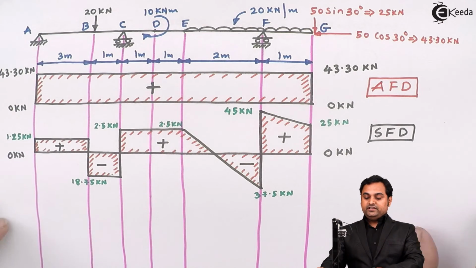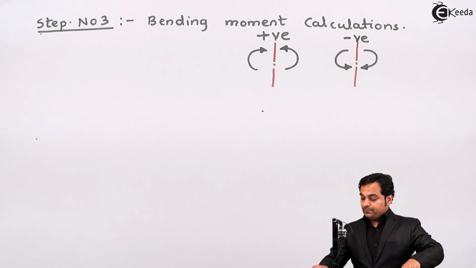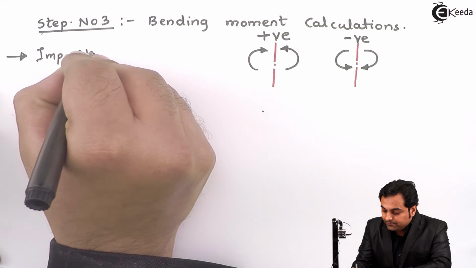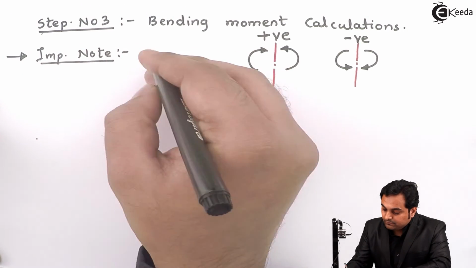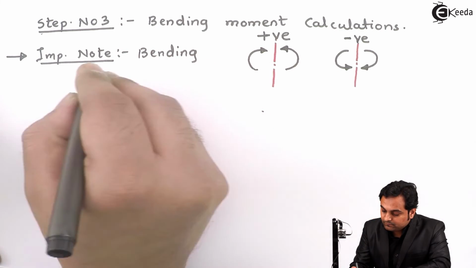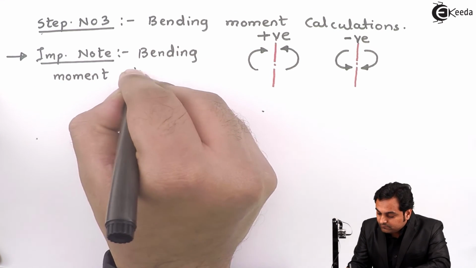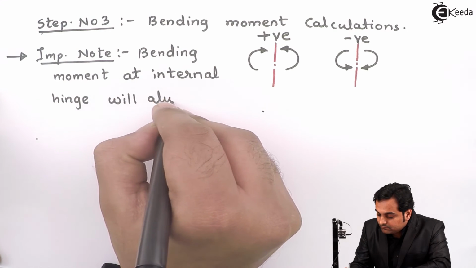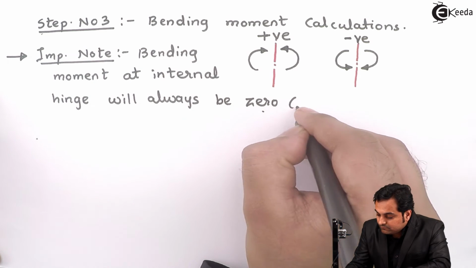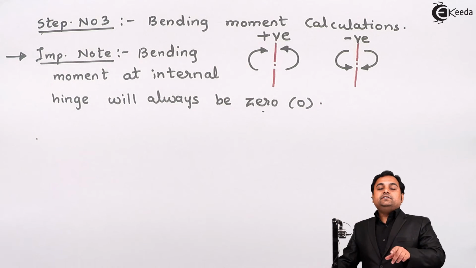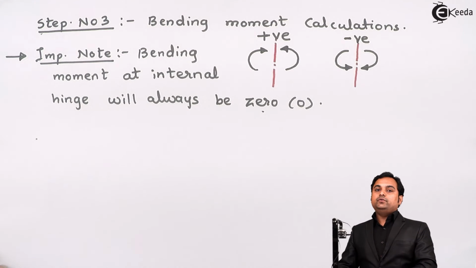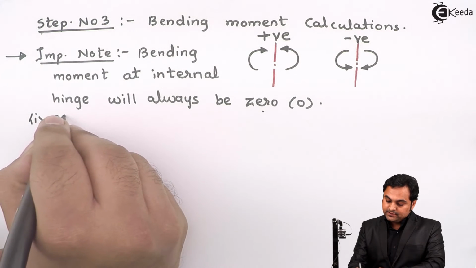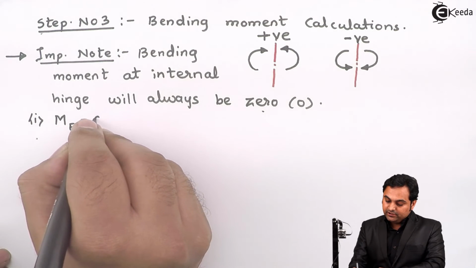Here I'll write a special note here. An important note. Bending moment at internal hinge will always be equal to 0. So here I'll first write down moment at point E, which is the internal hinge, is equal to 0.